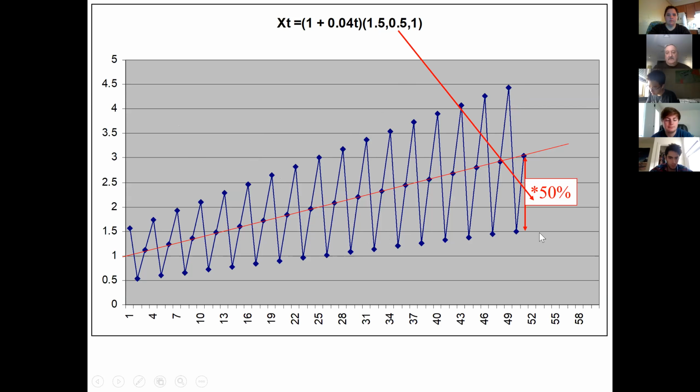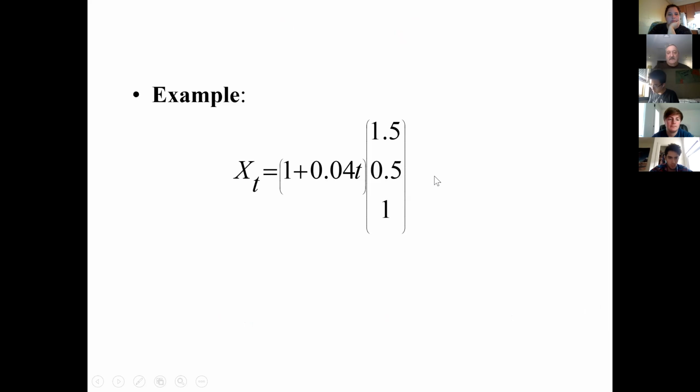Similarly, the season where it's at its low point differs from the trend line by a factor of 0.5, or 50%. And if it's the middle season, it's right on the trend line. That's where I get my multiplicative factors. This adjusts it up by a factor of 1.5, this adjusts it down by a factor of 0.5, and this leaves it right on the trend. You see how these add up to 3 because it's a 3-period season.